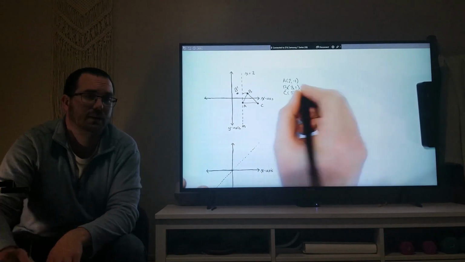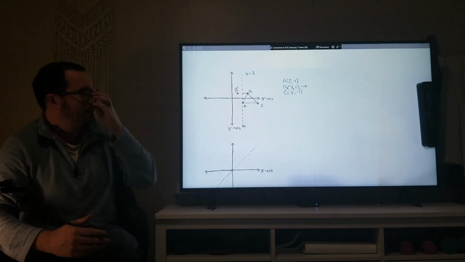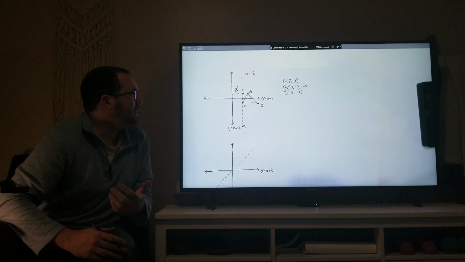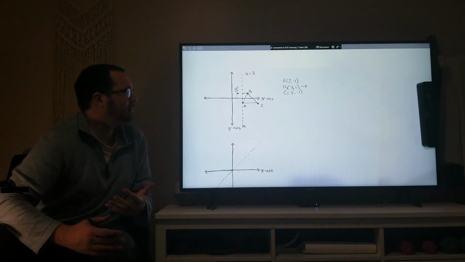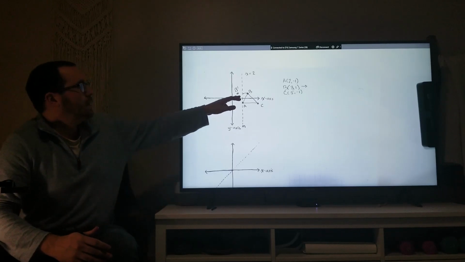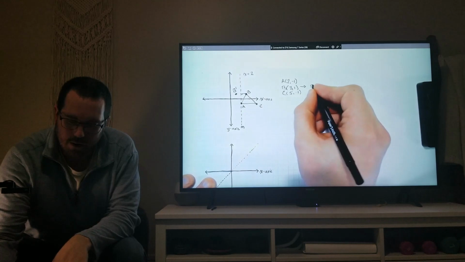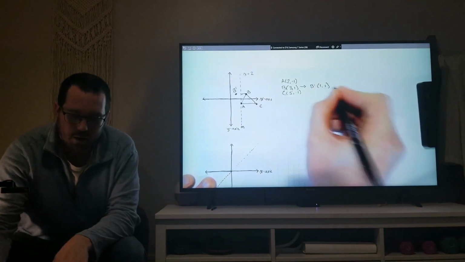Now the tricky thing here is our rule about the x and y axis does not apply when our mirror line is somewhere else. So in this example, I have to go through again and see how exactly that works. So our new B' location is going to be at (1, 1).